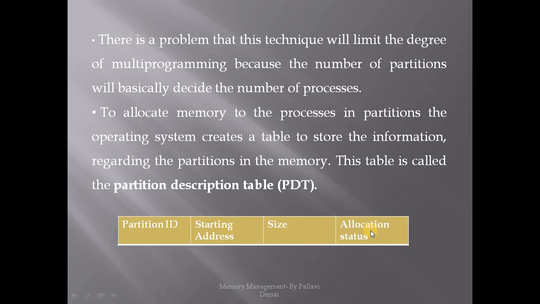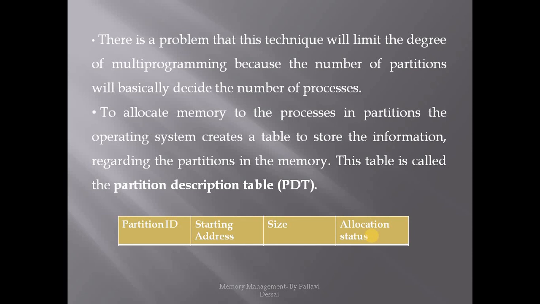The long-term scheduler performs job scheduling and decides which process is to be brought into the memory. It then finds out the size of the process to be loaded and requests the memory manager to allocate a partition in the memory. After getting a memory, the scheduler places the process in the allocated partition.